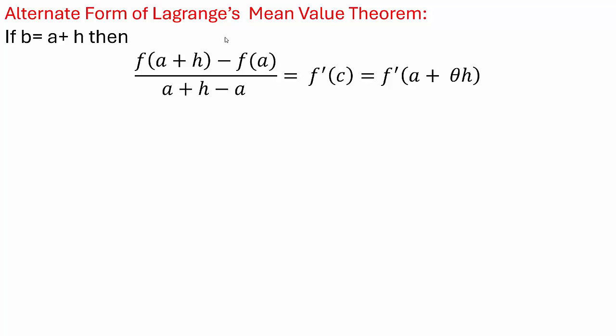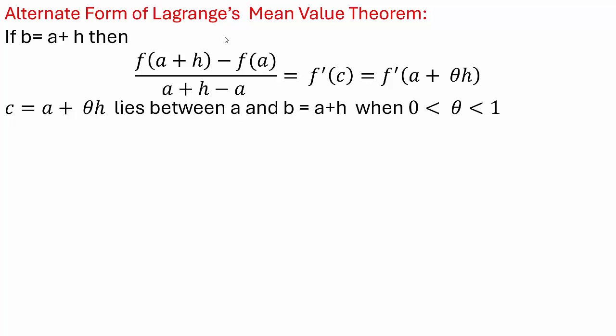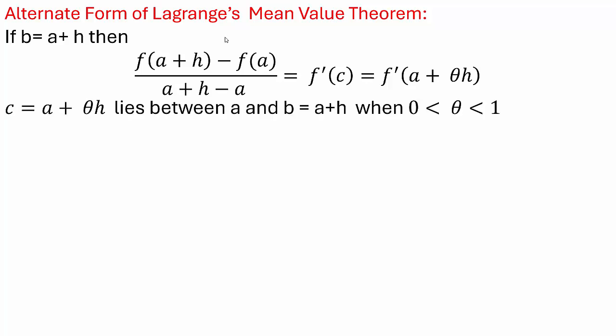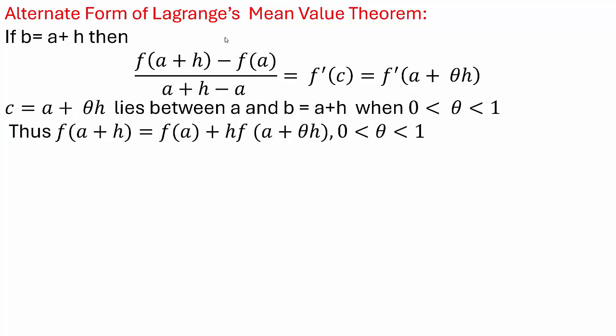Therefore, we get (f of a plus h minus f of a) divided by h equal to f dash of (a plus theta h). C equals a plus theta h, where theta lies between 0 and 1. Equivalently, f of a plus h equals f of a plus h into f dash of (a plus theta h), where theta lies between 0 and 1.